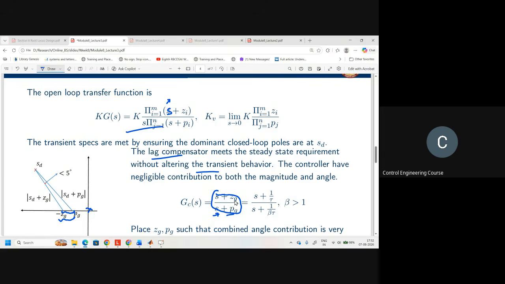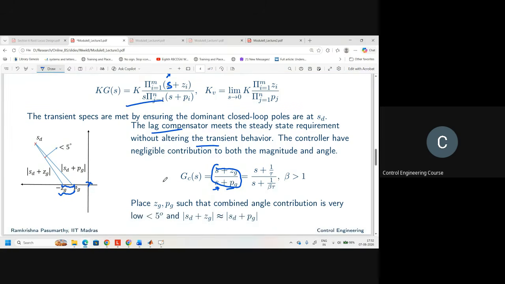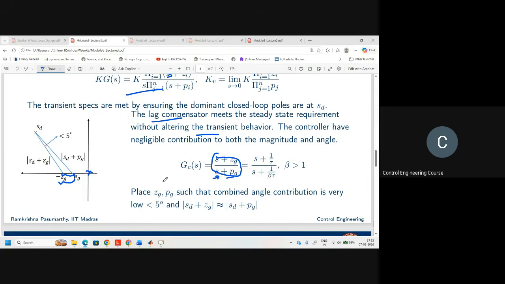That way we design. So this is the strategy for designing a lag compensator.